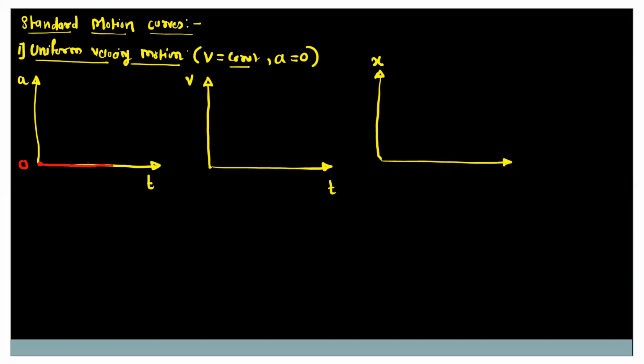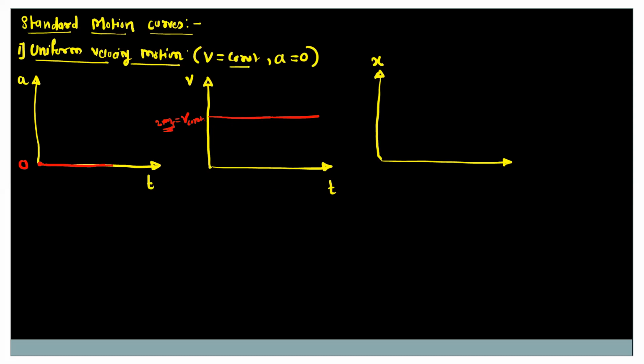Okay, so if the acceleration is 0 and if the velocity is constant, that means velocity graph will be a straight line graph, and this straight line, it is parallel to the time axis. So this is the constant velocity. So this constant velocity, it may be 2 meters per second. It can have any value, but velocity will remain constant.